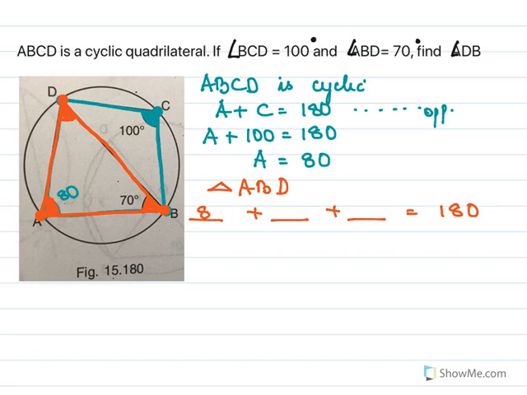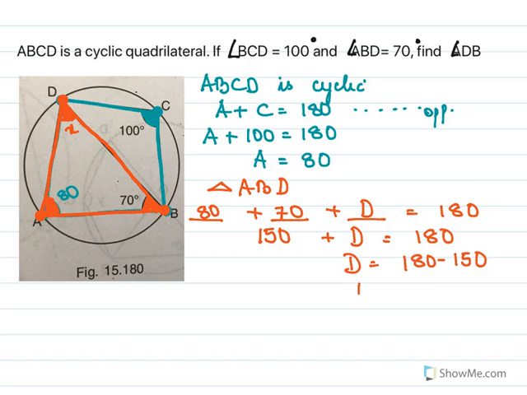So we have 80 as one angle, 70, and we do not know this angle, so we put it as D. So this is 150 plus D equals 180. D is 180 minus 150. D will be 30. So that's angle ADB. So angle ADB equal to 30.